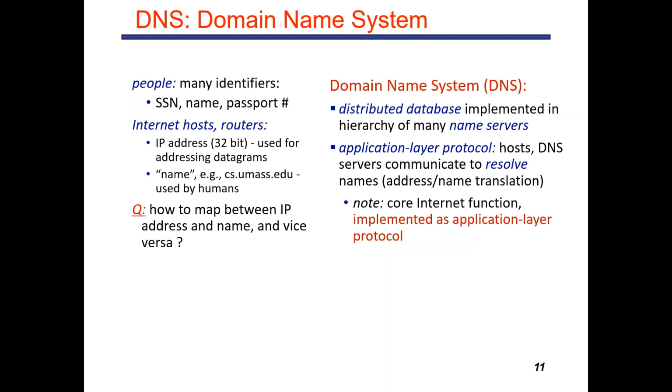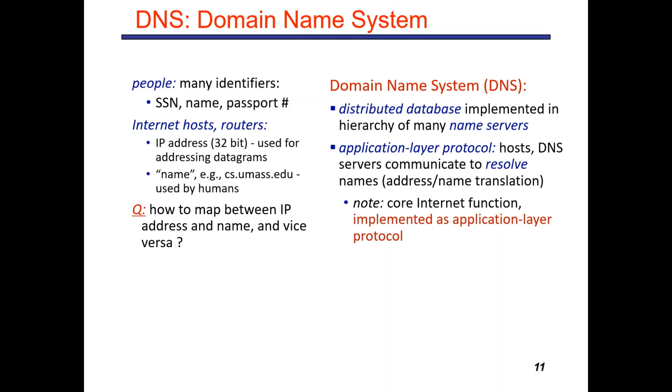DNS is the domain name system, which means that, for example, people use different identifiers. They use their names, their passports, their social security numbers to identify themselves. Similarly, internet hosts or routers use IP addresses and domain names to identify themselves.